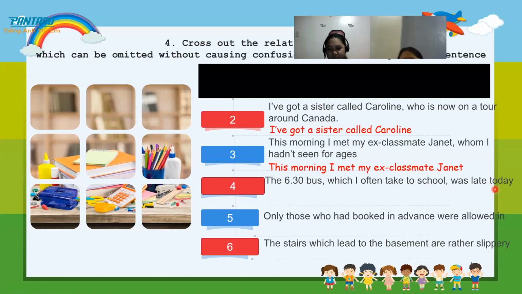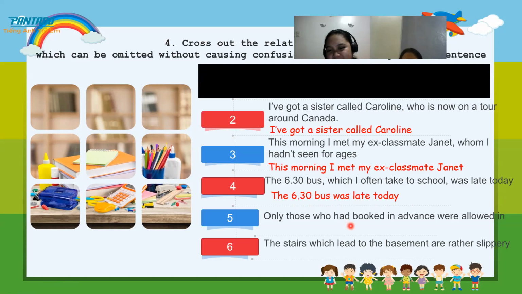What about this? Are we going to remain this sentence or am I going to cross this out? Cross this out. Very good. The half past 6 bus was late today. Good job. Number 5.